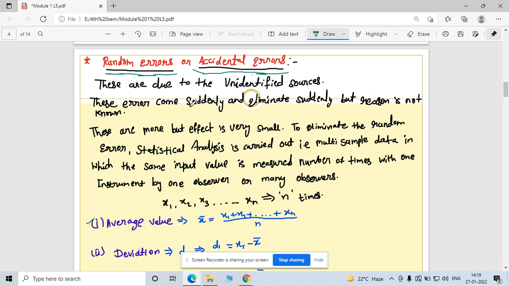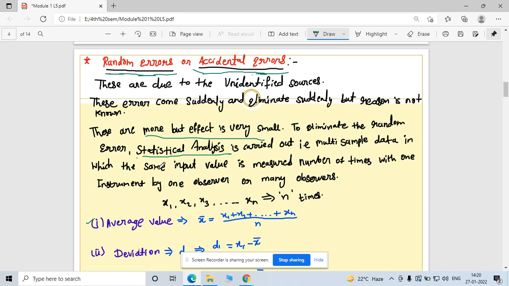These errors come suddenly and disappear suddenly, but the reason is not known. They are many, but the effect is very small. To eliminate random error, statistical analysis is carried out. Under random error, different statistical parameters are there, and we use those parameters to analyze your readings.